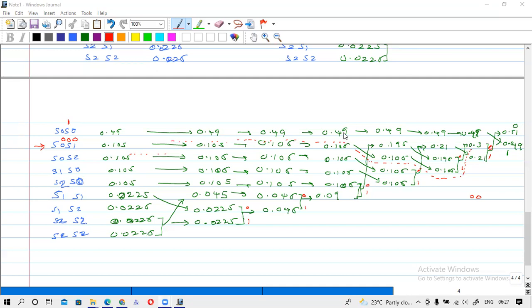Any mistake we have done? So I got the change. It is 0, 0, 0, 1.